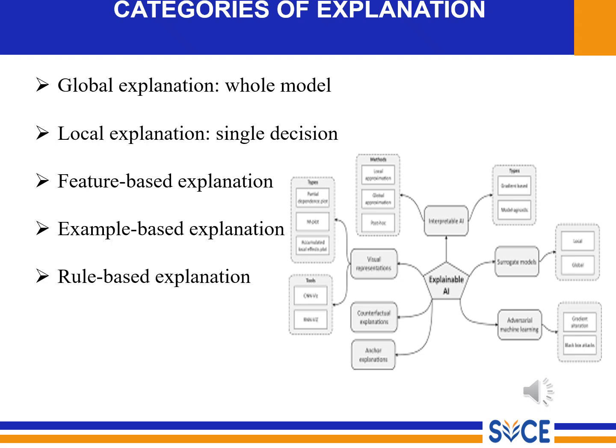Another type is local explanation, which focuses on a single prediction and explains why that specific decision was made. Feature-based explanation shows the importance of different input features in the decision-making process. Example-based explanations provide similar past examples to justify the current prediction. And rule-based explanation represents the model's logic in the form of rules.